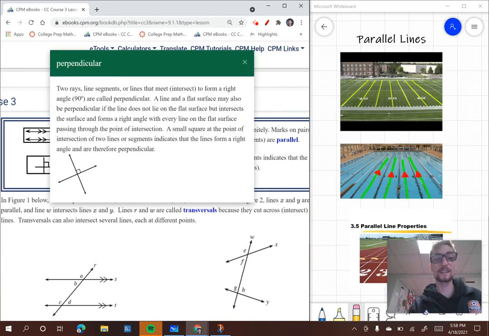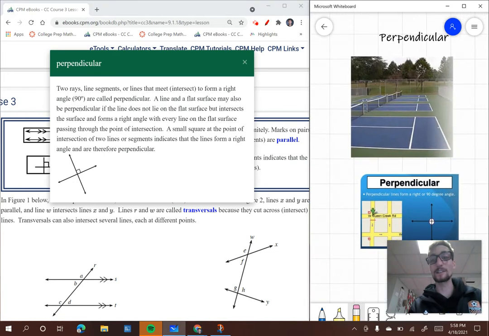And then we have perpendicular, and that's 90-degree angles created by intersecting lines. In this example up top, we have a tennis court, and when our service line is intersected by our midway line, we see that we are creating 90-degree angles here. So perpendicular angles are created on tennis courts. You'll see them on baseball fields, pretty much any sports court.